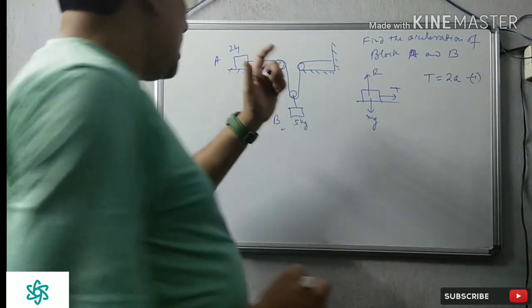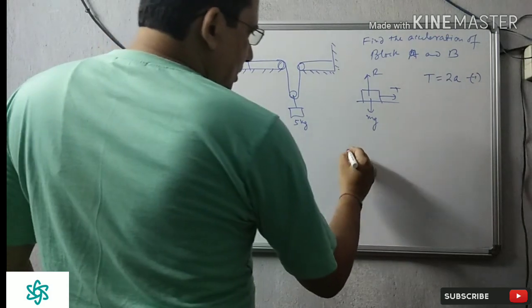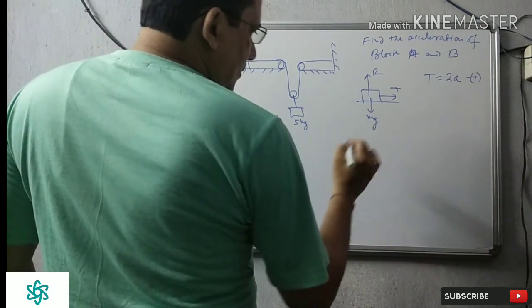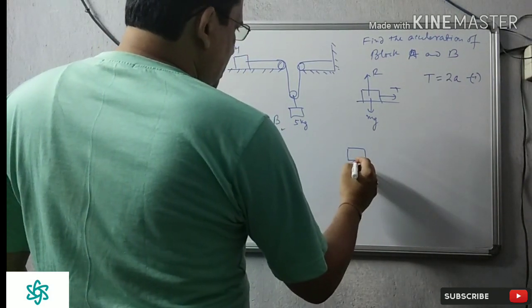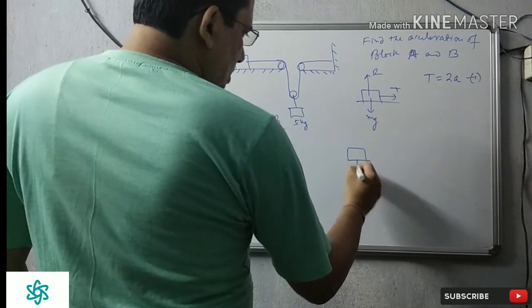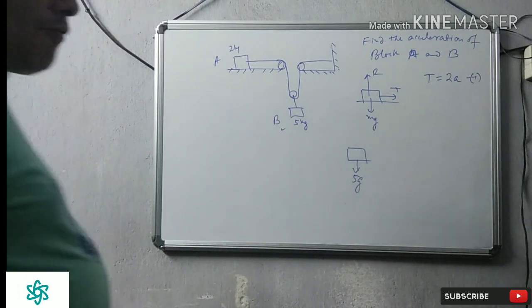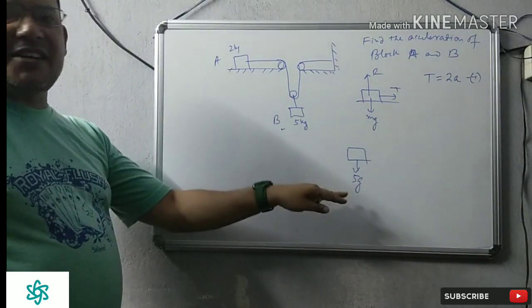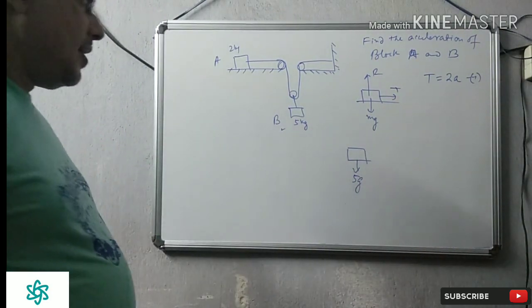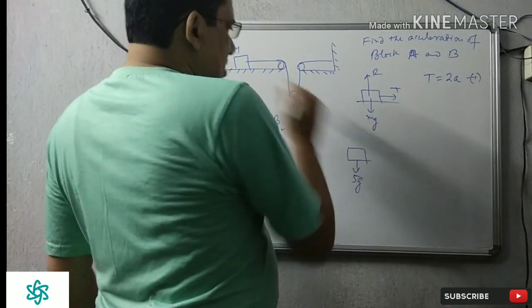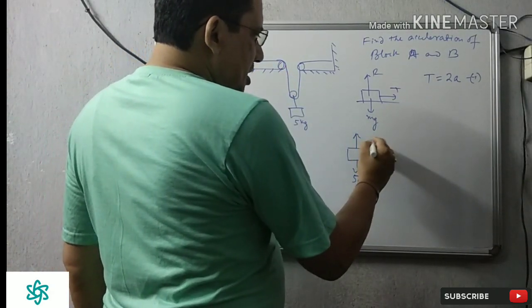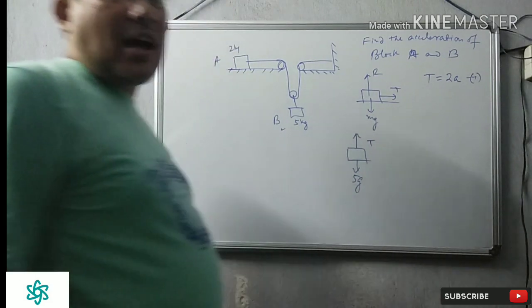Now I have to consider the free body diagram of block B. Here 5g is the force acting in the downward direction. Tension T will act towards the upward direction.